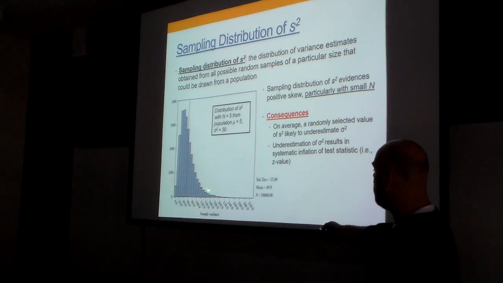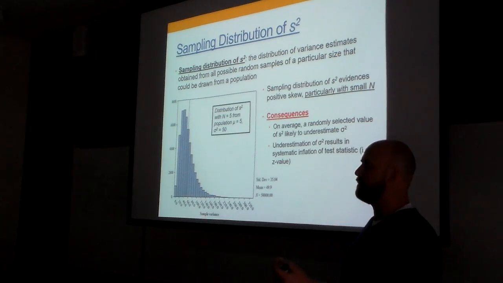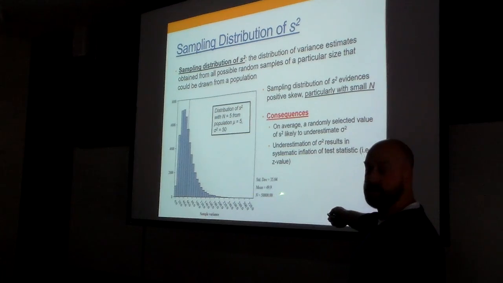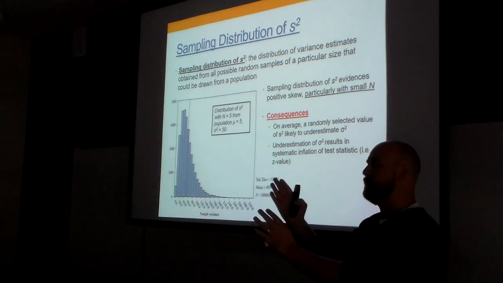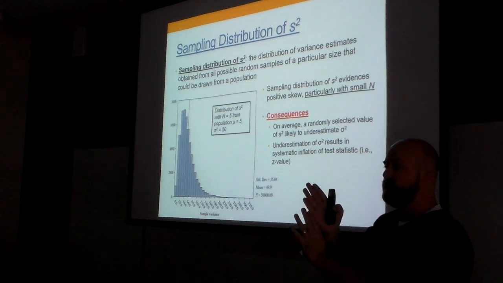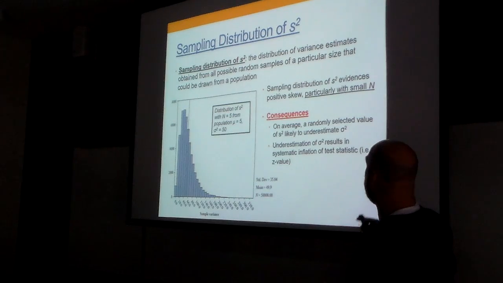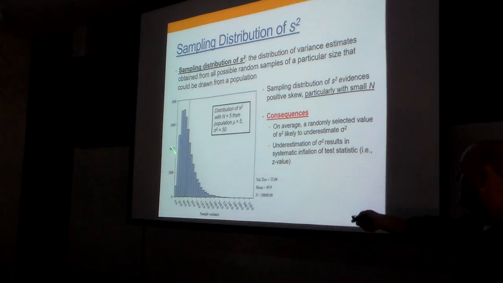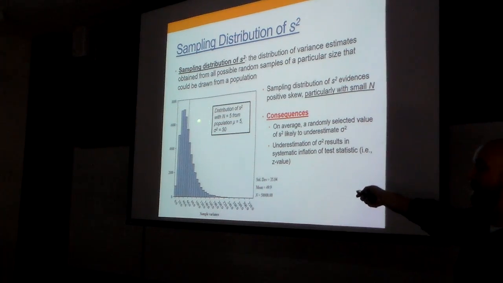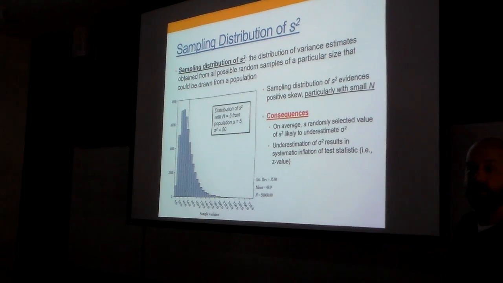But the reason this works is I can only get variance estimates that are so small, but I can get variance estimates that are really big. That skew drags out the mean of that sampling distribution so that it's equal to the population parameter. But any individual sample that I get is probably happening over here, and these are all sample statistics that are underestimating the actual population parameter.